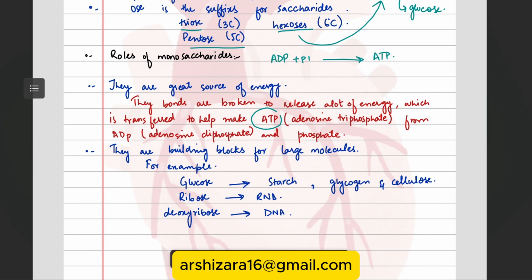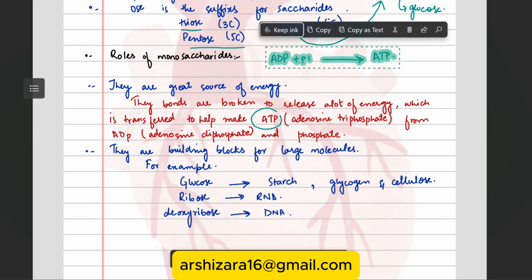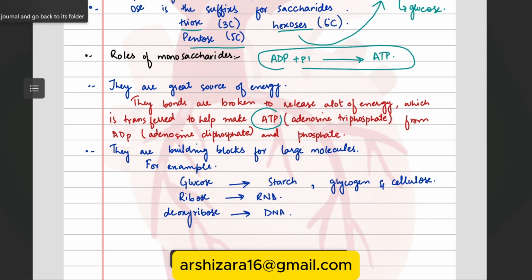This is what's going on in our body. Later on, when we do the reactions of the body, you'll get to know that this equation is very helpful. Condensation reaction and hydrolysis are happening, and we'll see that in the respiration chapter.